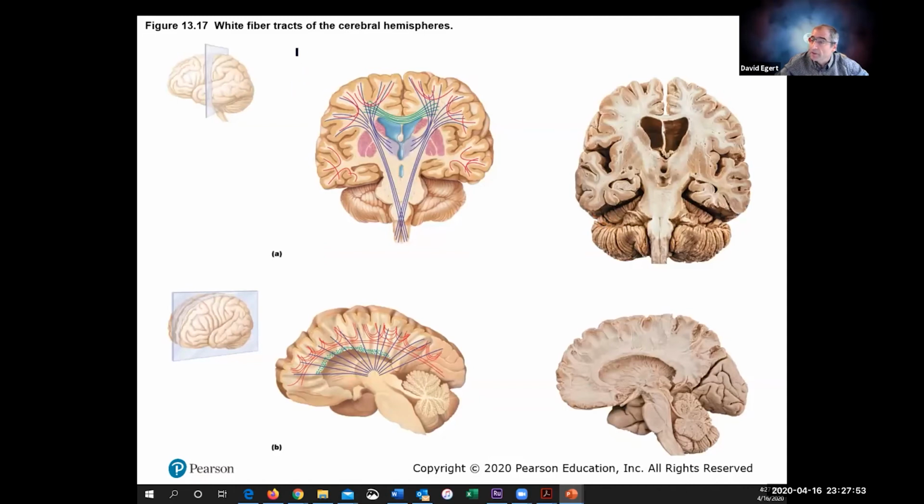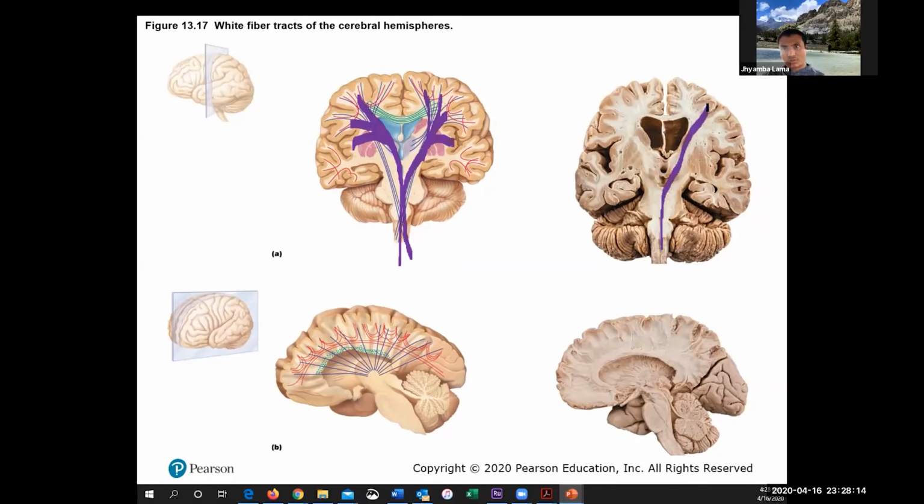Talked about the different kinds of projection fibers. What were the 2 main projection tracts that we talked about that go up and then spread out along in the cerebrum? Internal capsule spreading out into the corona radiata.